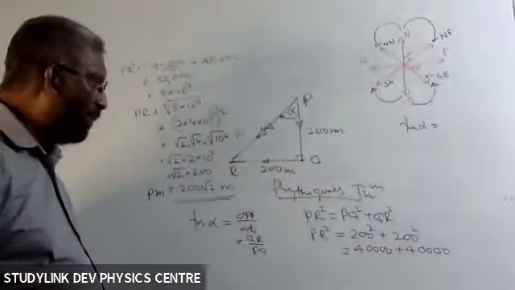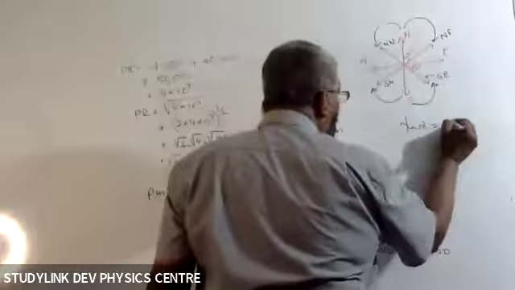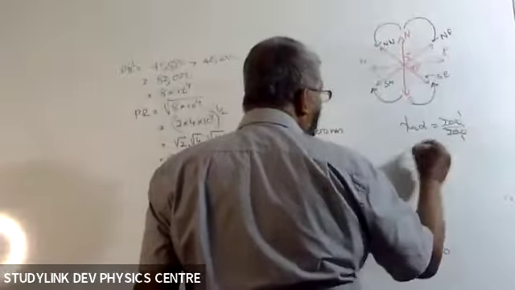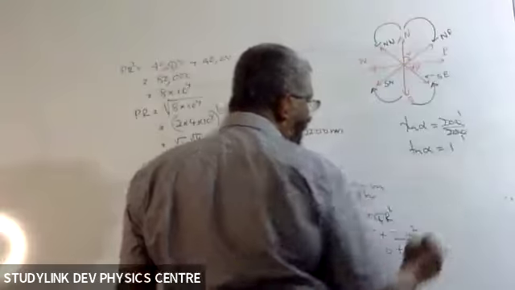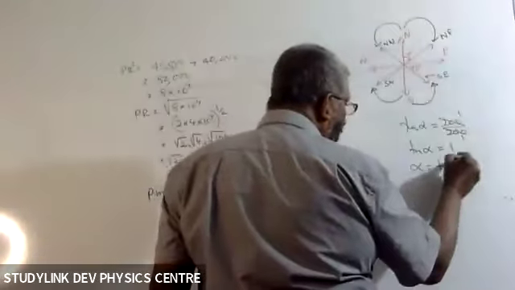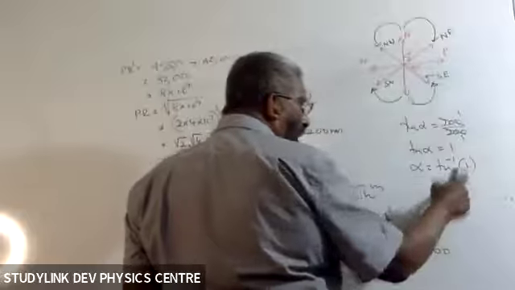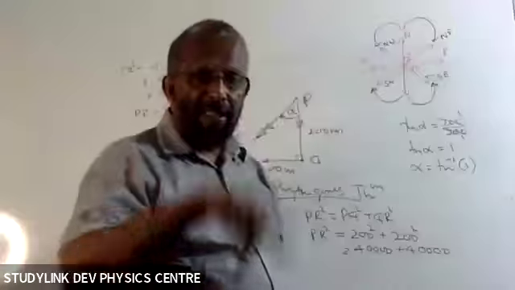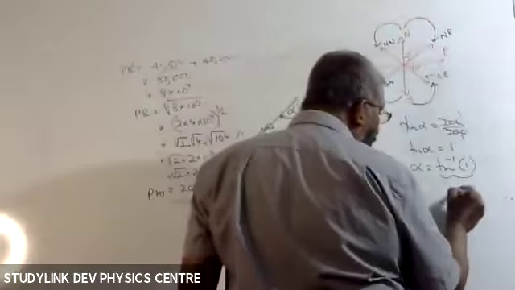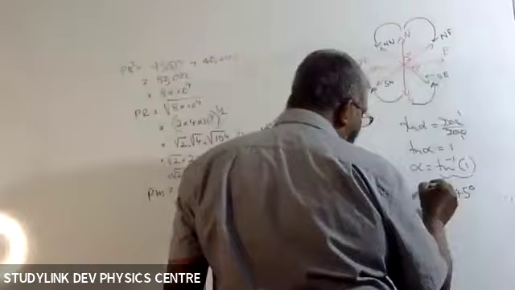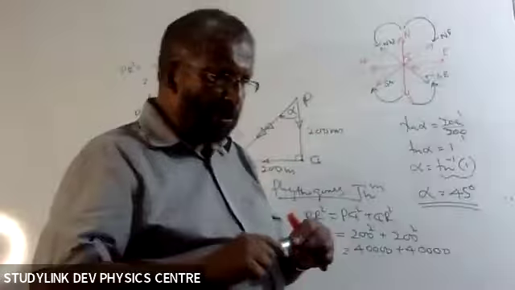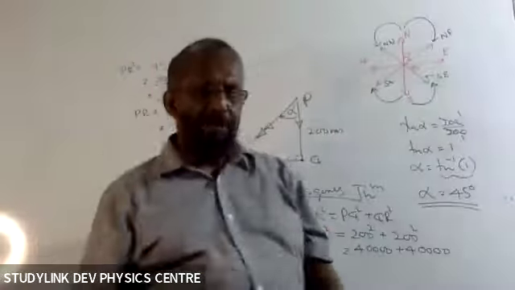PQ is also 200. 200 divided by 200, that is 1. Tan alpha is 1. Alpha is tan inverse 1. Actually, the tan 1 value is seen: this angle is equal to 45 degrees. So that means if the tan value is 1, the angle is 45. Remember that.